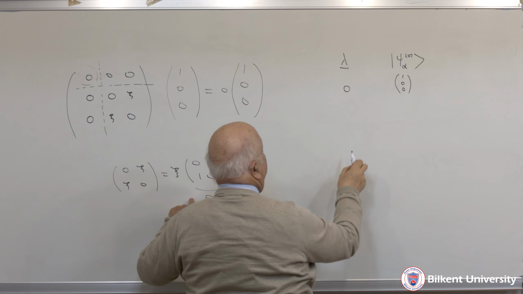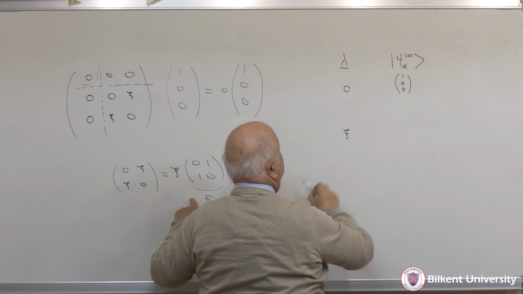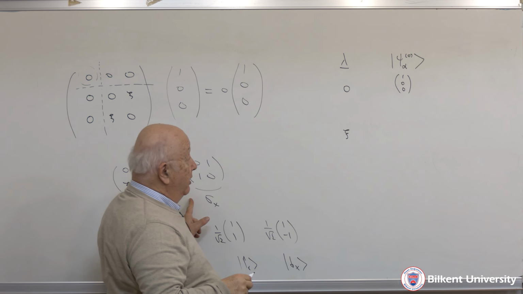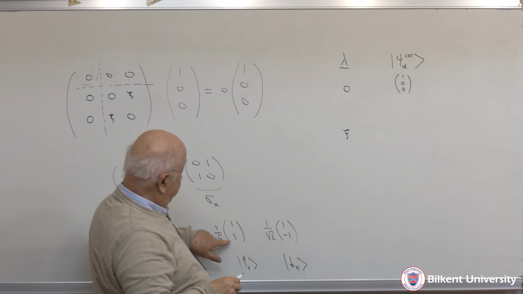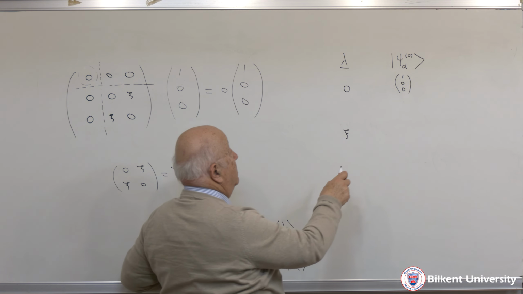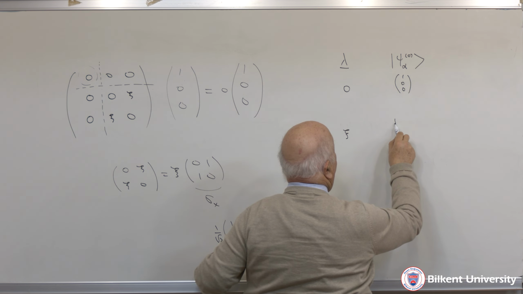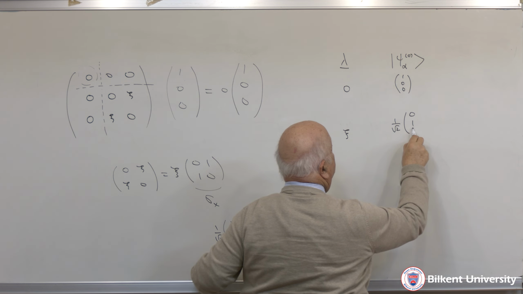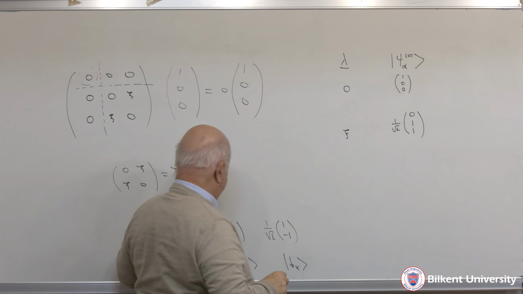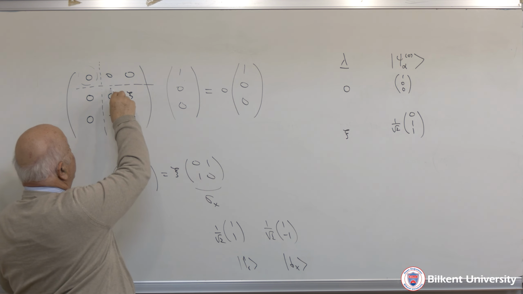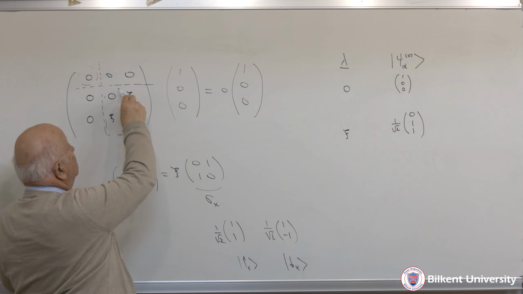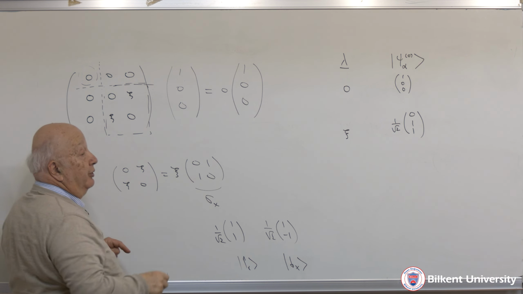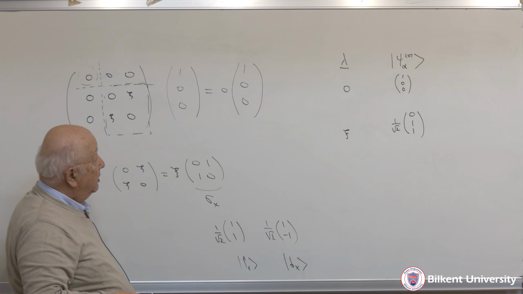There will be another eigenvalue, C, which has the eigenvector 1 over root 2, for normalization, times (0, 1, 1), because it's the eigenvalue and eigenvector of this block.